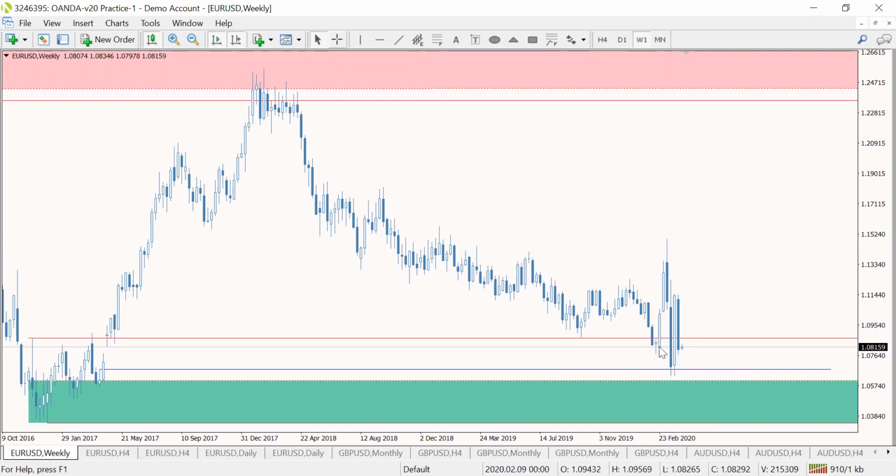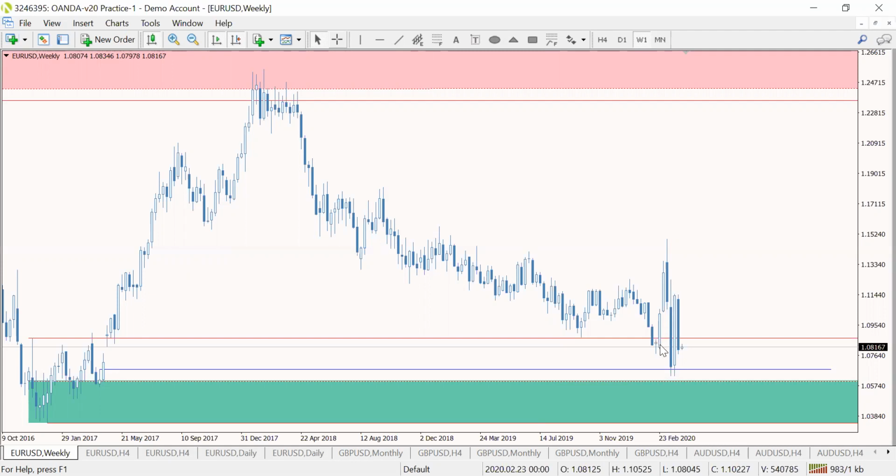We were expecting this demand area, weekly demand area that is on the monthly demand area to be respected. Instead, it was broken. Now, when this is broken, that means on the weekly time frame, there is a possibility that we're about to start a downtrend.